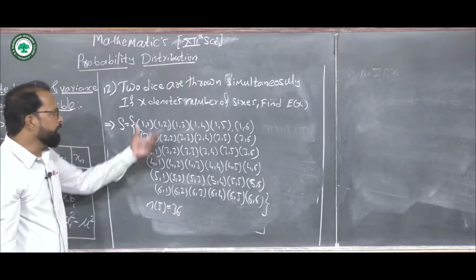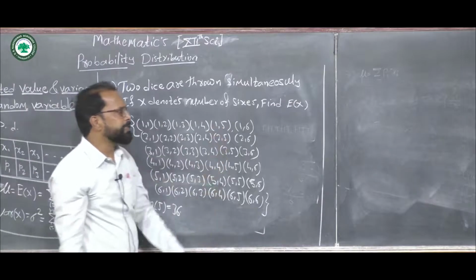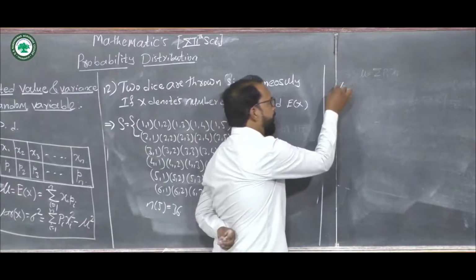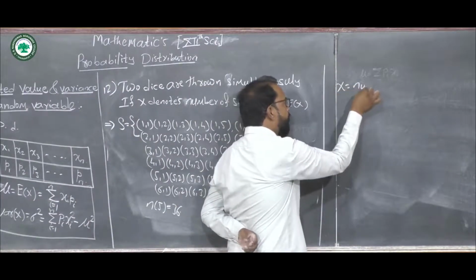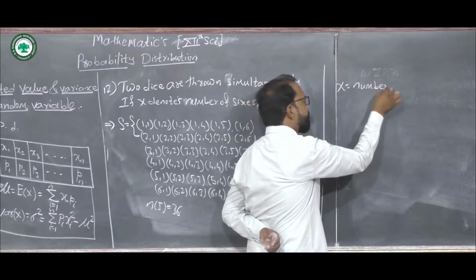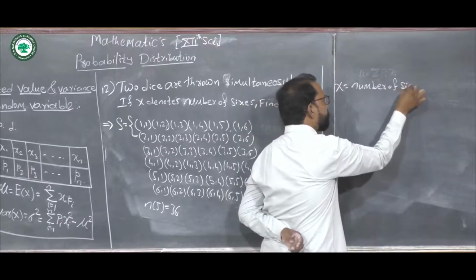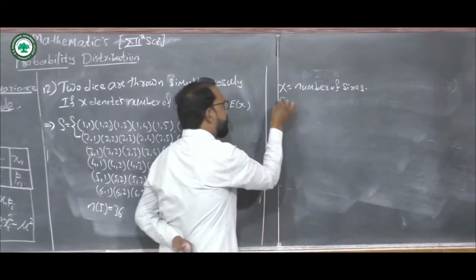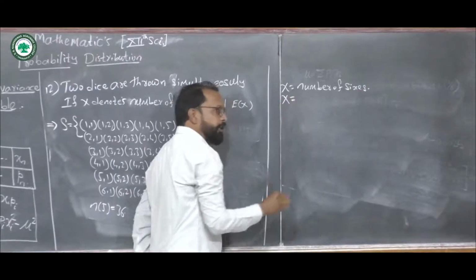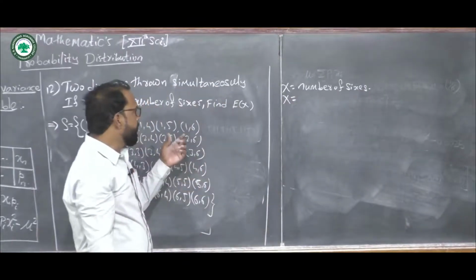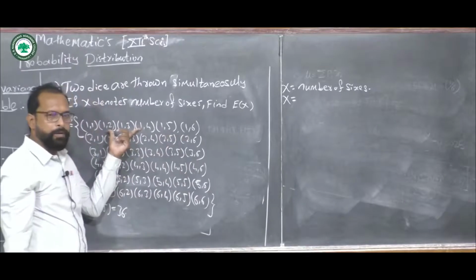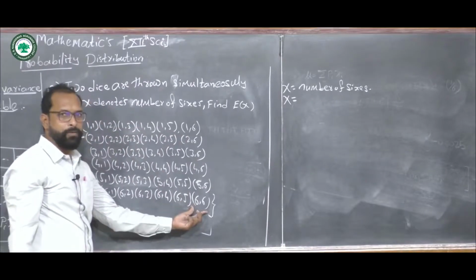Now we define x as the number of sixes. In these outcomes, a minimum of 0 sixes is available and a maximum of 2 sixes is available.